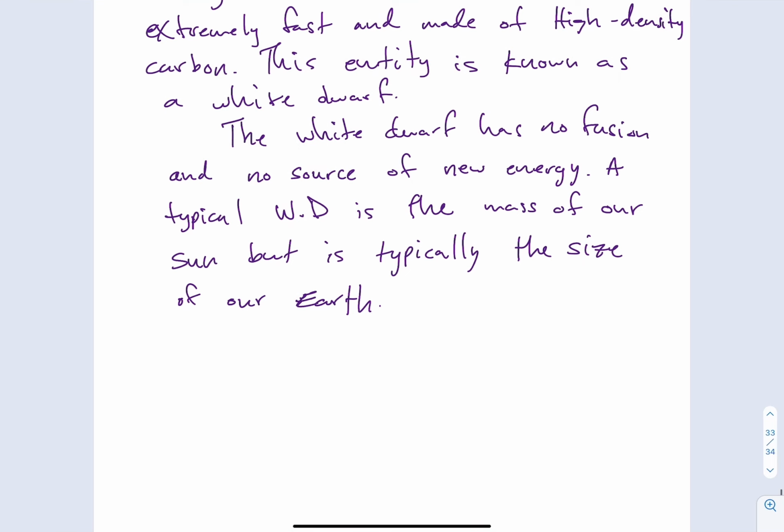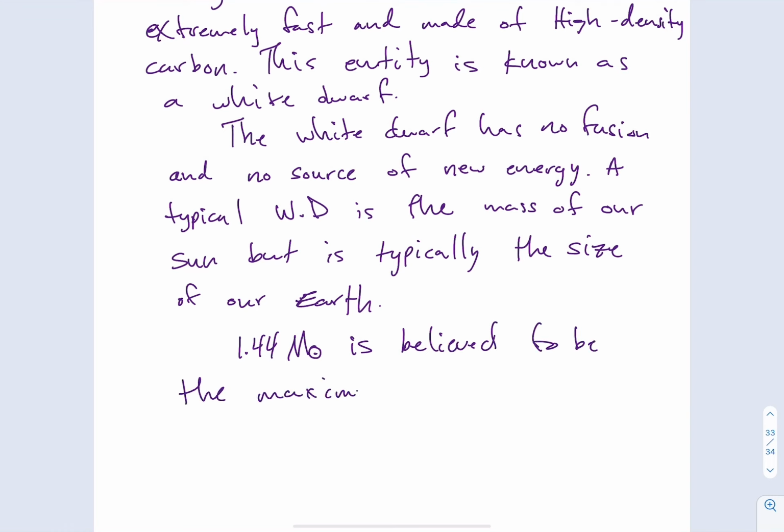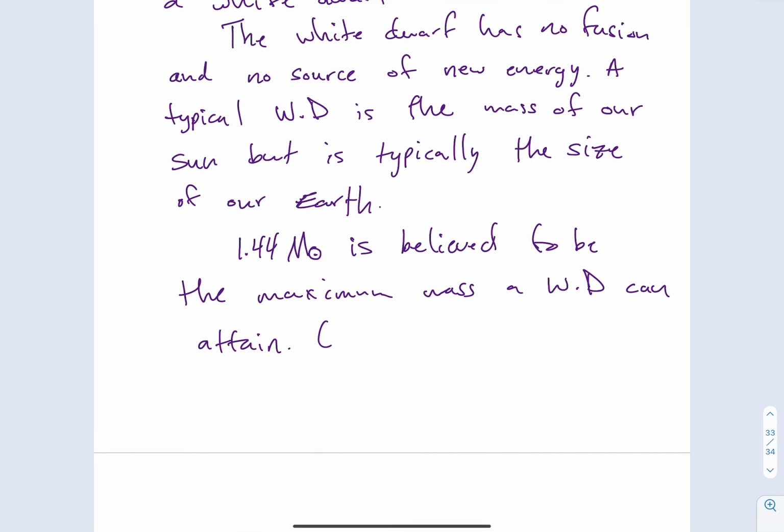It's believed that the white dwarf has a maximum mass of 1.44 solar masses, the maximum mass a white dwarf can attain. This is called the Chandrasekhar limit, in case you're wondering.